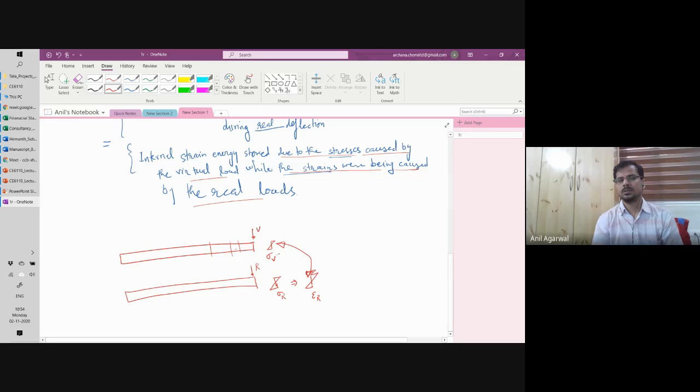Stresses are virtual, strains are real. When I multiply the two, I get that component of the energy that I was talking about. And it is not just strain multiplied by stress, because that is not really energy dimensionally. So of course I have to multiply with other coefficients, etc. But that is the crux. So then I'll get this component.